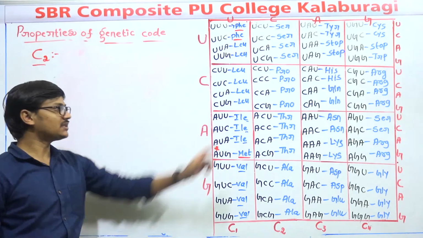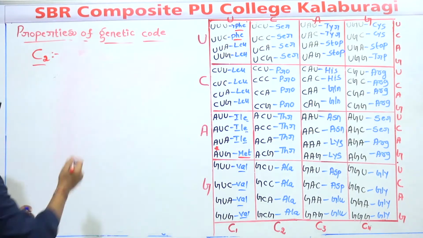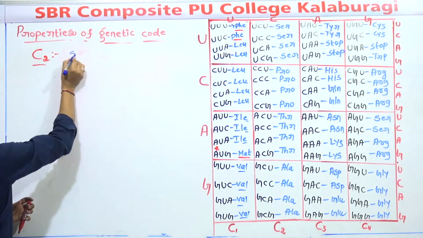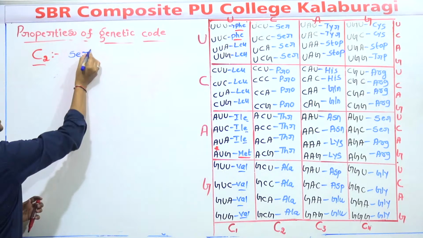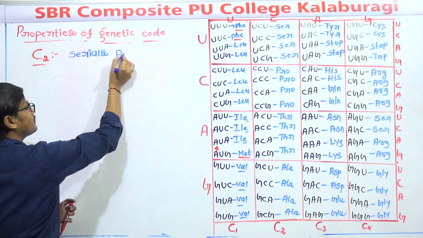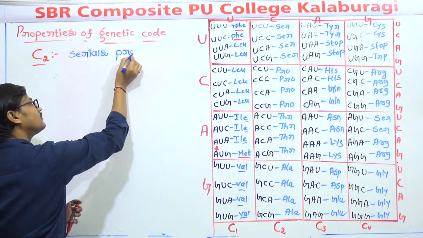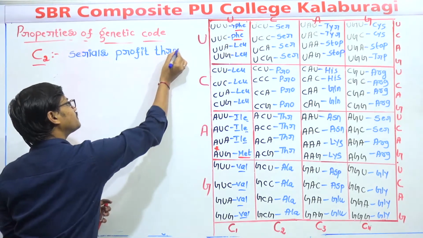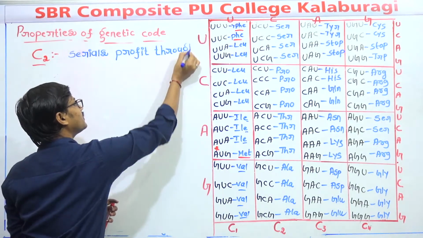And to remember the second column, again there is a trick: Cereals profit through Alia.